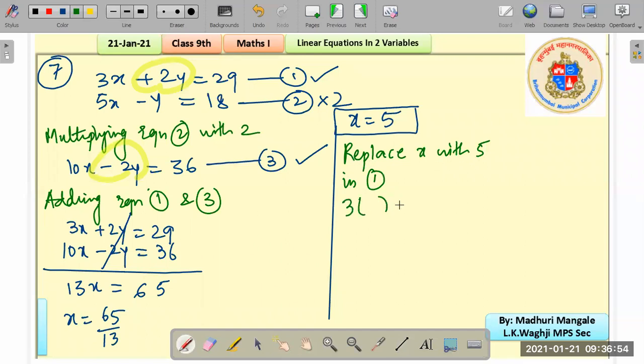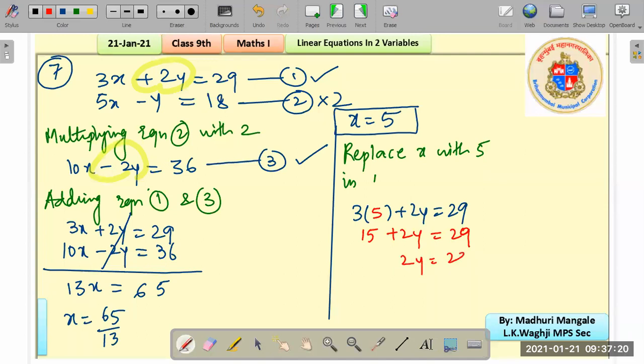That will be 3 times x plus 2y equals 29, and we are replacing x with 5. So 3 times 5 is 15, plus 2y equals 29, and plus 15 will become minus 15. So 2y equals 29 minus 15. That will give us 2y equals 14, and y will be equal to 14 over 2.